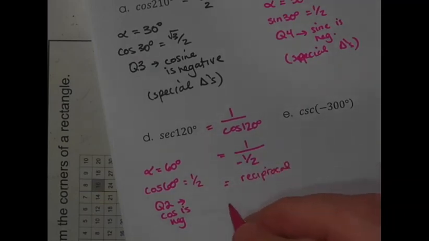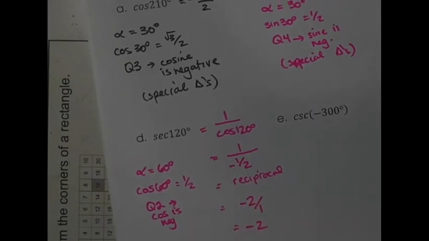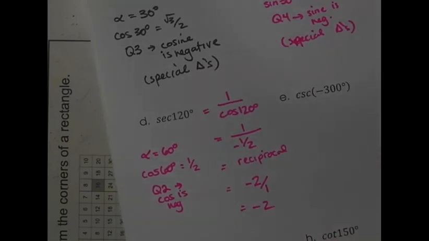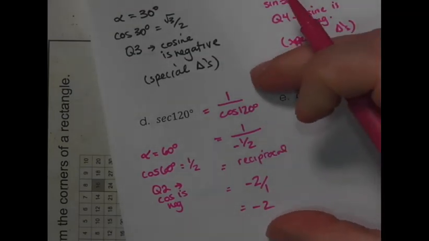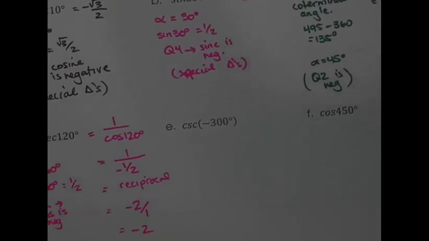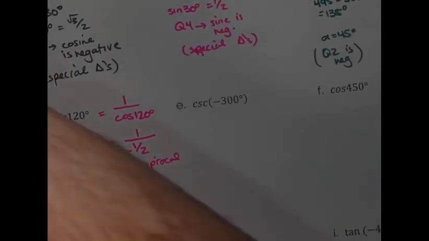So the reciprocal of negative 1/2 is just negative 2 over 1, or just negative 2. So I may have to use some trig functions to figure out what's going on.